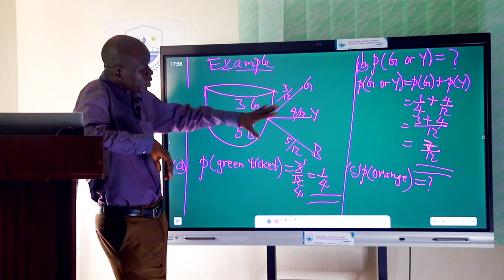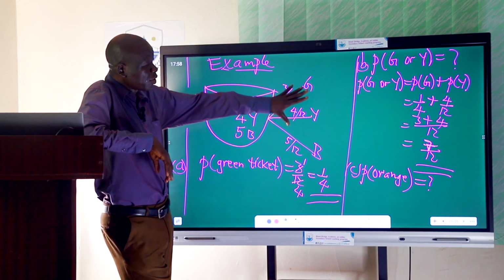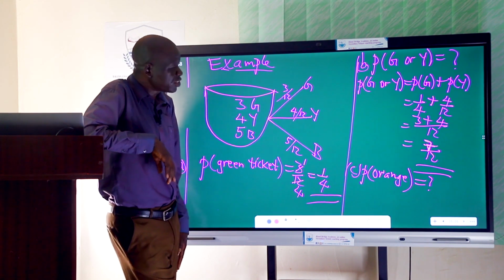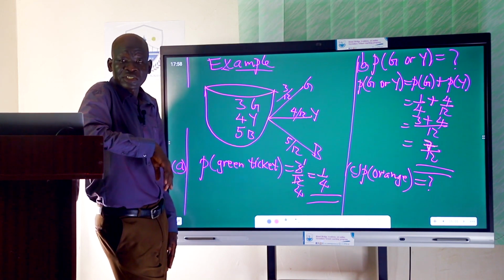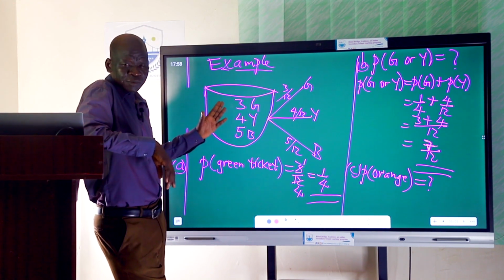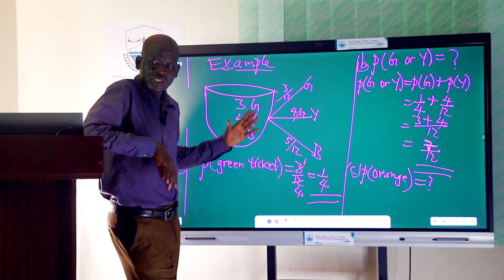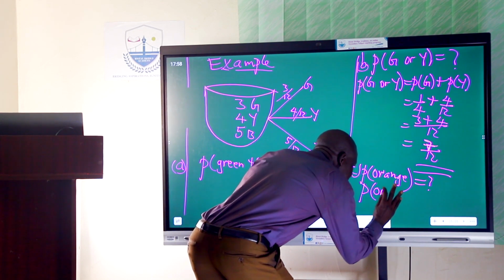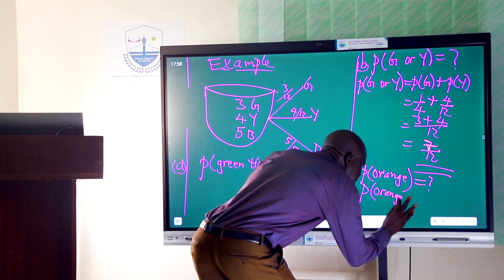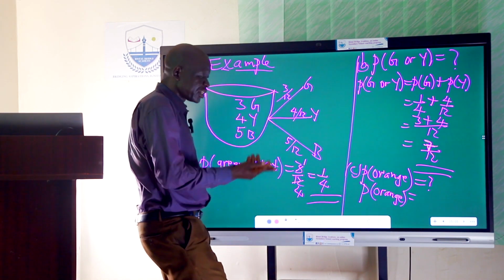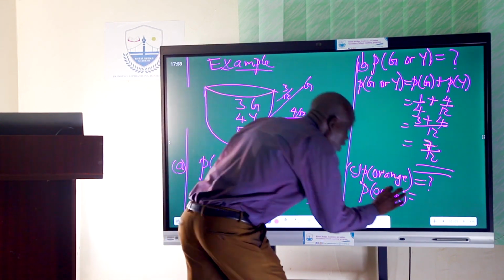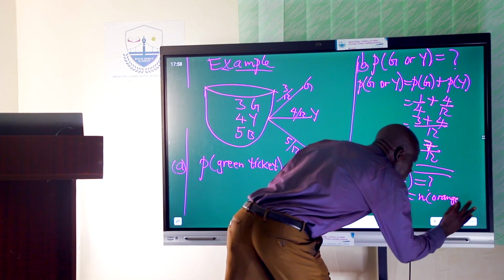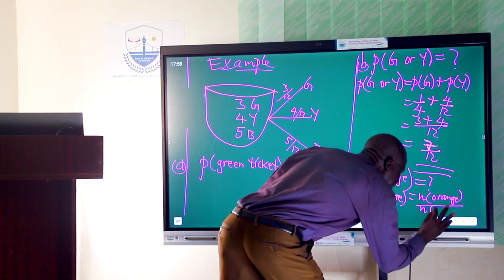When you look at our events, there is no chance where we can get an orange ticket, because in our basket we don't have any orange ticket. So the probability of getting an orange ticket is equal to the number of orange tickets over the number in the sample space.